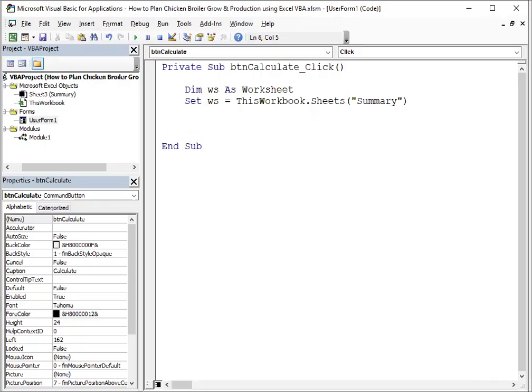Then we're gonna declare other variables, and this time we would get values from the form.